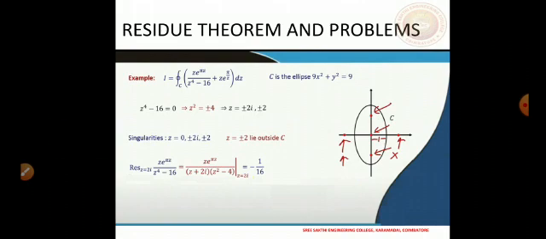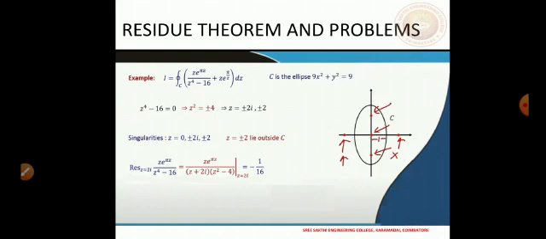That is also a singular point of this f of z, because we have e power pi over z, and as z goes to 0, we have infinity here, so the function is not defined, and that is also a singular point. So we have several singular points here: 0, plus or minus 2i, and plus or minus 2.